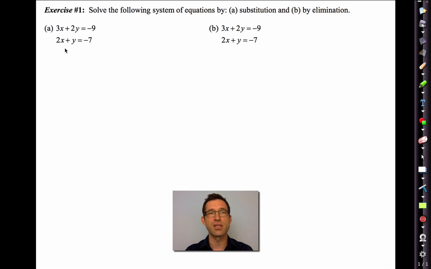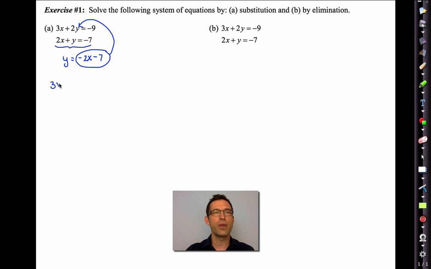Neither one of those is the case, but we can pretty easily take this equation, move that 2x to the other side where it will become negative, and get this equivalent equation. We can now take negative 2x minus 7, and substitute it in for y, and we'll get 3x plus 2 times negative 2x minus 7 equals negative 9.